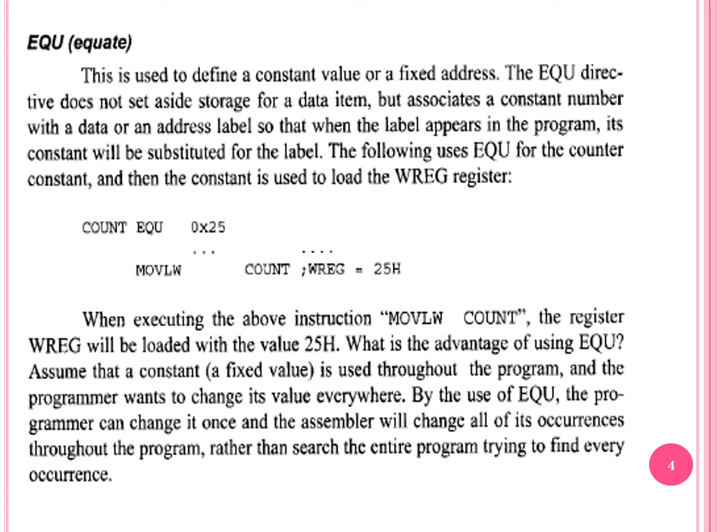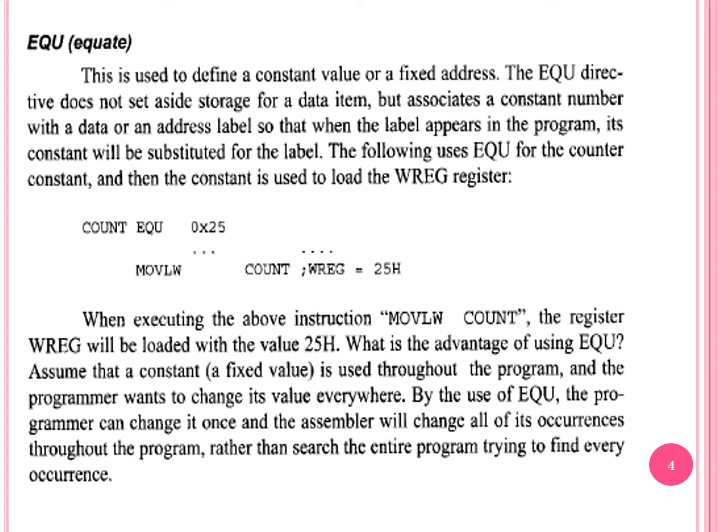You can see here one small example like count EQU 0x25. So wherever we write count, as one word which we are using, that particular word indicates whatever value is assigned using the EQU directive. So here it is 0x25.